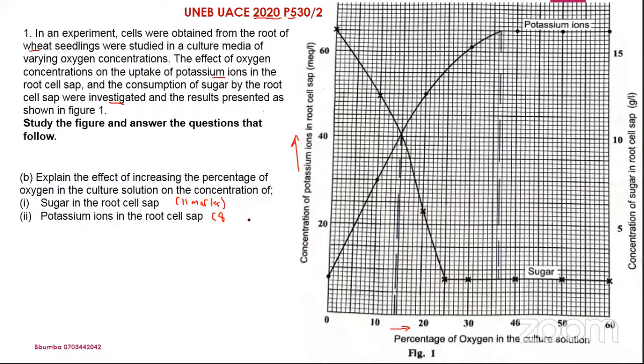Okay. So if you guys have understood what I've just taught you, because that's the information that you needed if you had sat UNEB last year. So can you be able to explain the effect of increasing the percentage of oxygen in the culture solution on the concentration of sugar in the root cell sap?